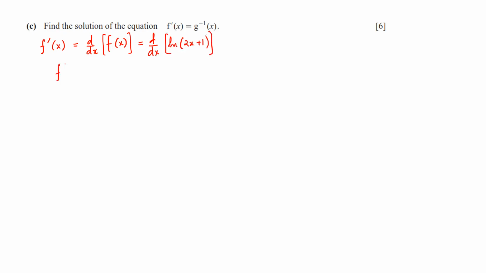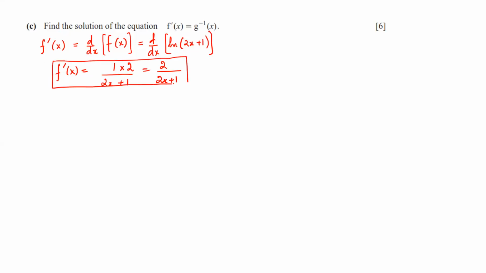This comes out to be f dash of x equal to 1 by (2x plus 1) multiplied by 2. This is 2 over 2x plus 1. So this is f dash of x, the first derivative.